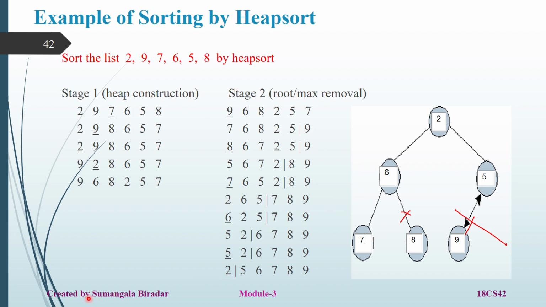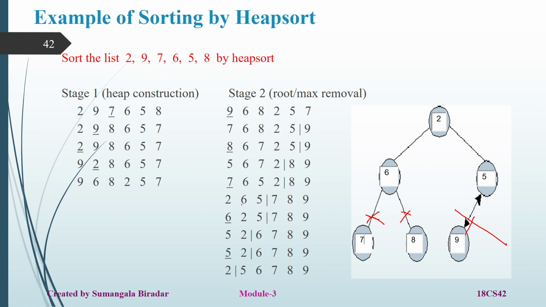After swapping, the next step is you have to remove this node. Assume that I remove this one also. After removing this node, how many elements are left in the tree? Those elements and criteria you have to check here. So 2 is here, 6, 5 and 7, 8, 9.